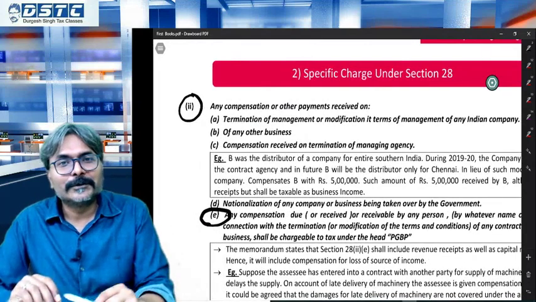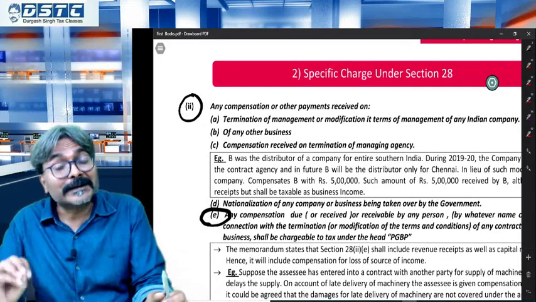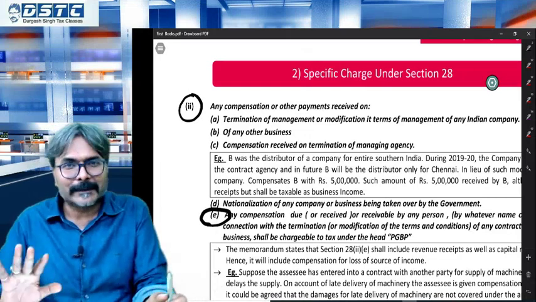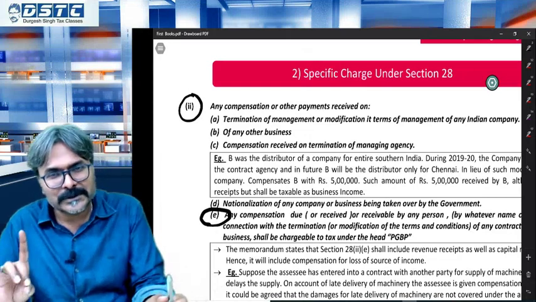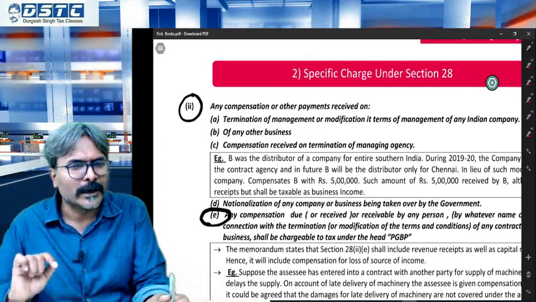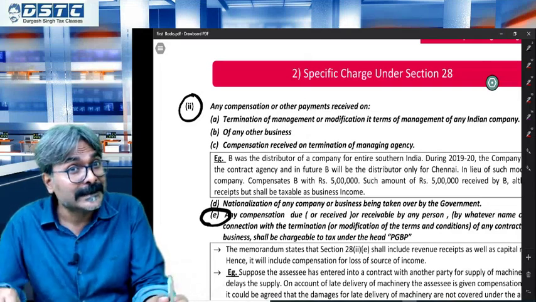And I told you, if you see the definition of income under 2(24), now you tell me, students, will you find this entry as well? The answer is yes. Why?